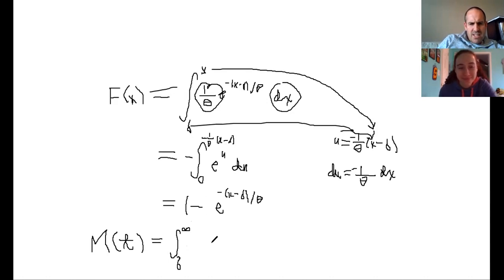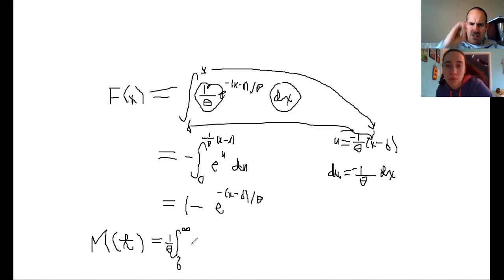From delta to infinity, and then it's going to be e to the tx times the density. I could take the 1 over theta outside here, okay? And then e to the tx times this other thing.